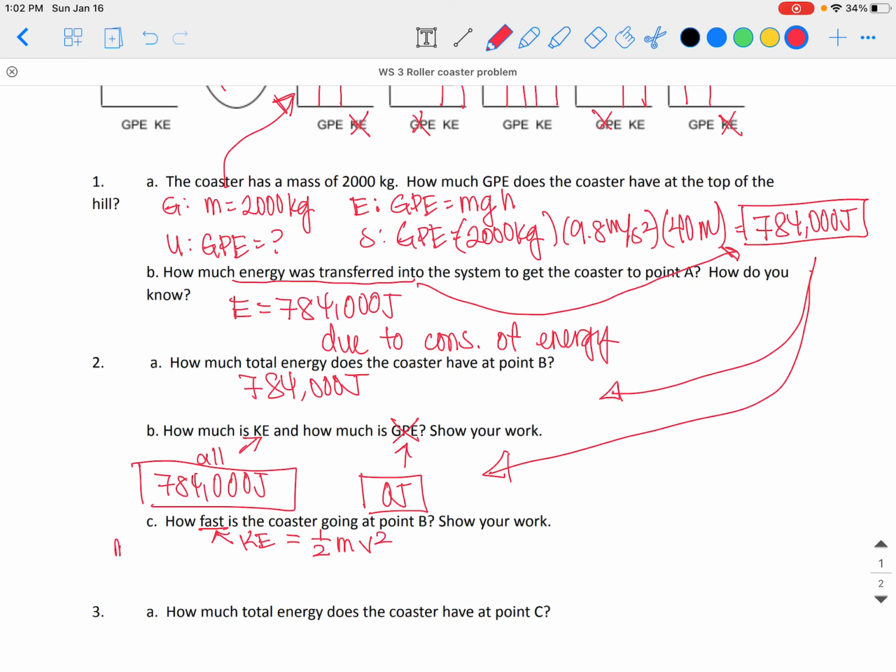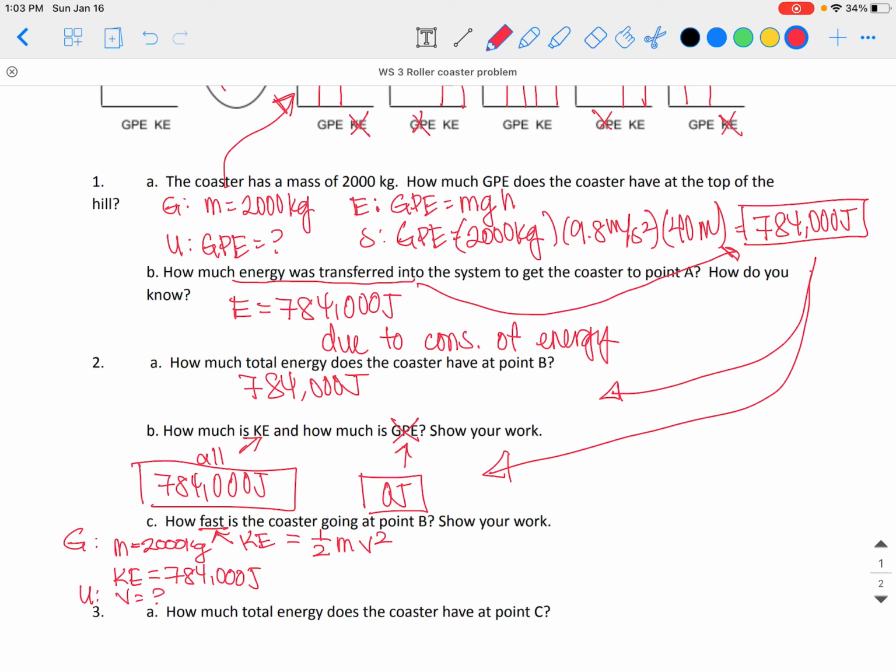We know our mass is equal to 2,000 kilograms. That's part of our given. And we know that our kinetic energy is equal to 784,000 joules. So we're going to use all of that information to determine our unknown, which is our velocity.